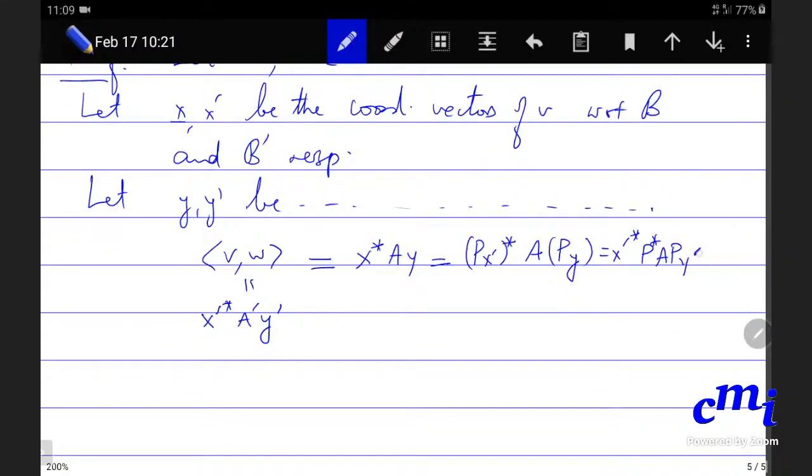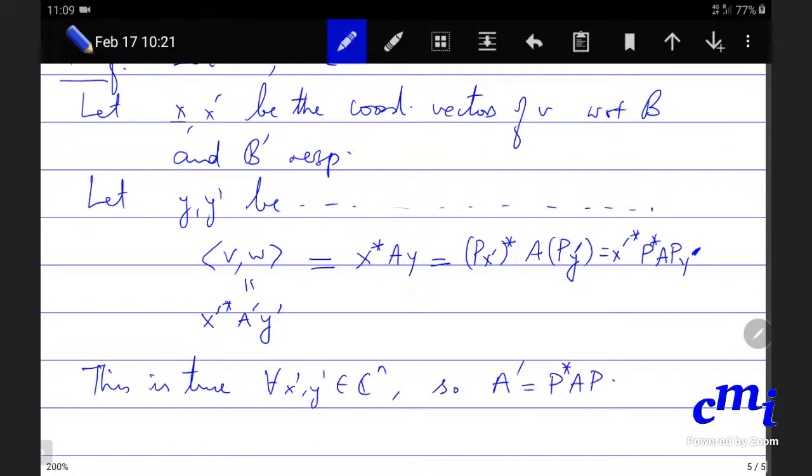Sir, shouldn't it be P y prime? Yes, correct, I said y but here it is P y prime. This is true for every x prime and y prime in Cn. So A prime is P star A P.